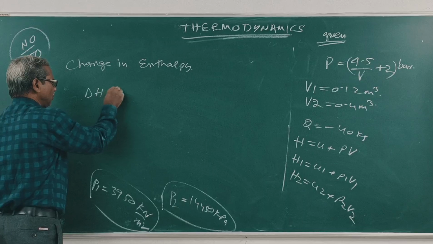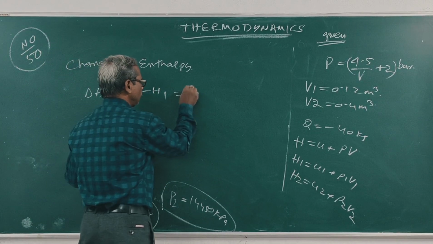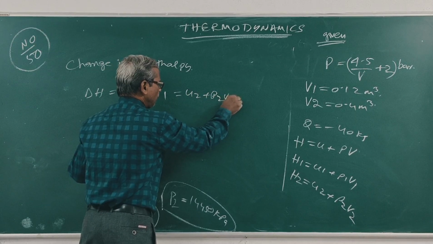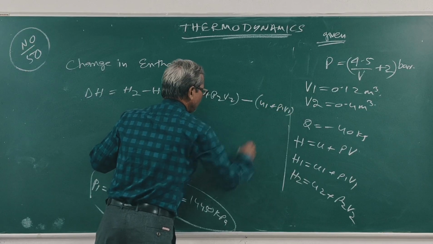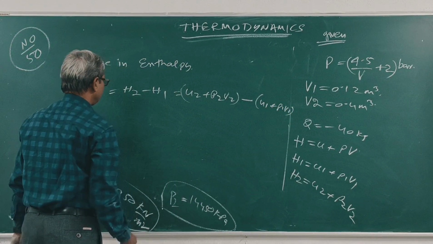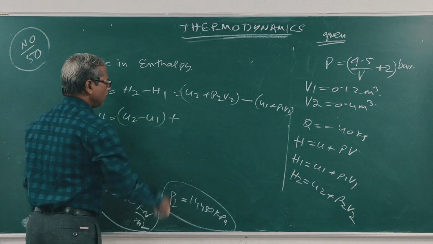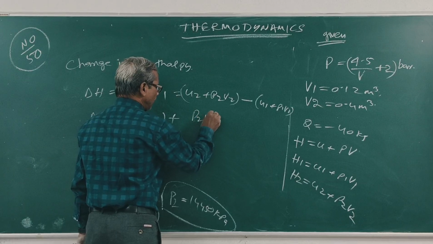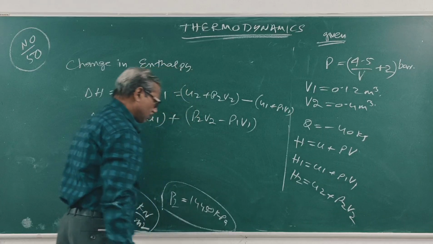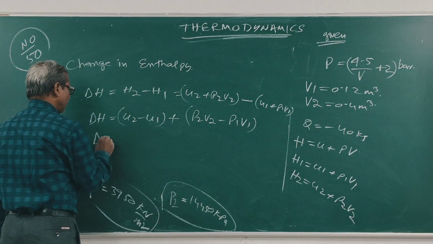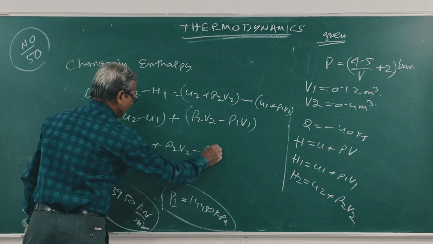Del H is equal to H2 minus H1, which is U2 plus P2 V2 minus U1 plus P1 V1. Right? So del H is equal to U2 minus U1 plus P2 V2 minus P1 V1. Clear? So del H is equal to del U plus P2 V2 minus P1 V1.